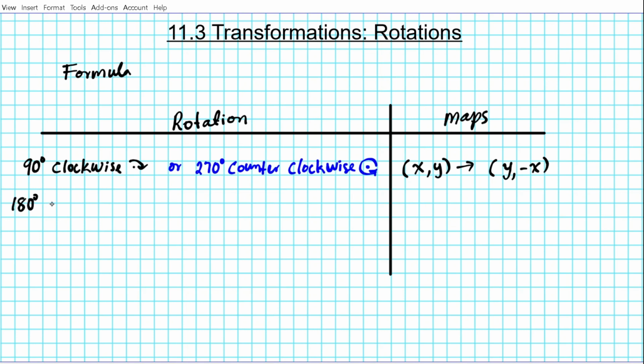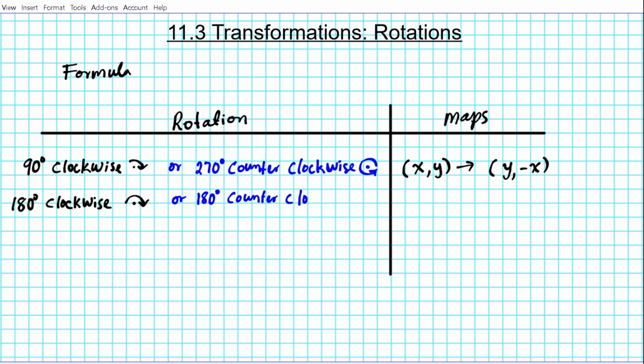All right, and then next we're going to take a look at a 180-degree clockwise rotation. Think about 180 degrees as half of a full circle. A 180 degrees clockwise rotation is the same thing as going 180 degrees counterclockwise.